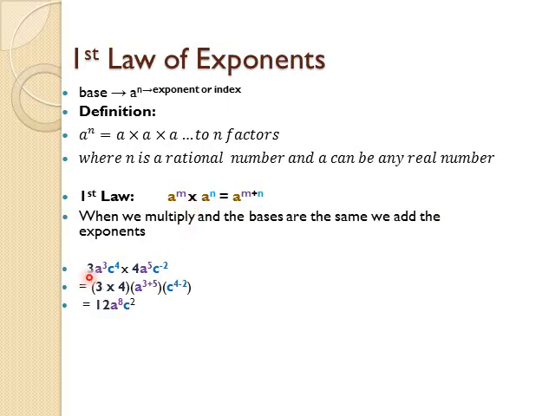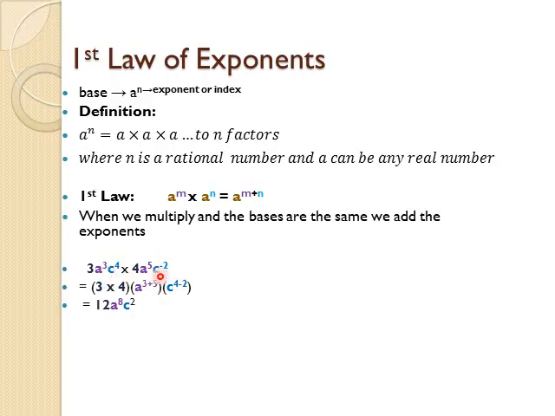So there, I have 3a cubed c to the 4 times 4a to the 5 c to the negative 2. Multiplying, so first 3 and 4 there, my coefficients, they're not the same base, so therefore we just multiply them, 3 times 4. A and A there in purple, you see the base is a. I'm multiplying, so I have to add exponents, so that becomes 3 plus 5.